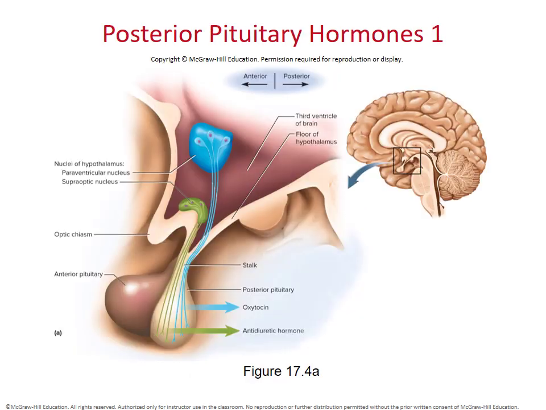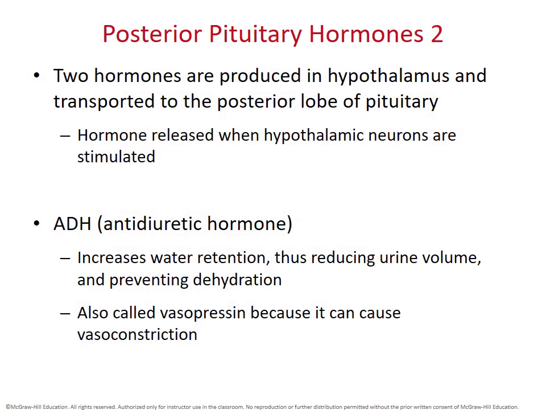Now again, the posterior pituitary releases two hormones, but these are more technically considered to be hypothalamic hormones. But again, they are released by the posterior pituitary. And these two hormones, once again, are oxytocin and antidiuretic hormone. Antidiuretic hormone we've already talked about when we talked about the urinary system.